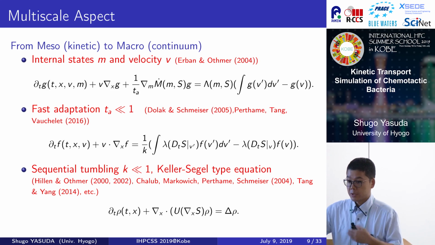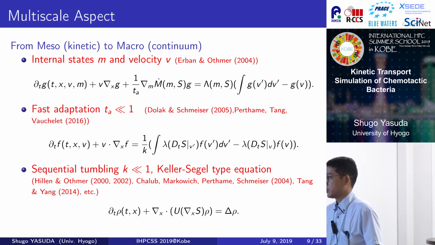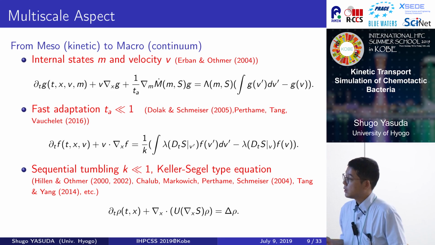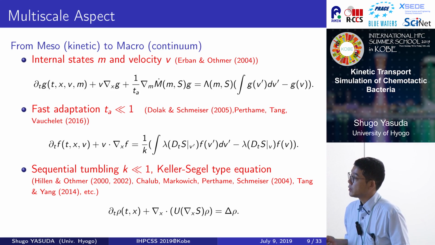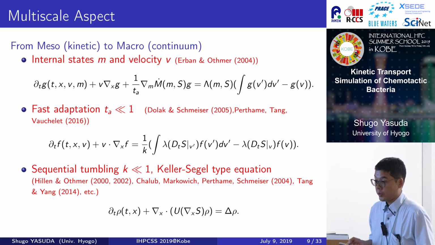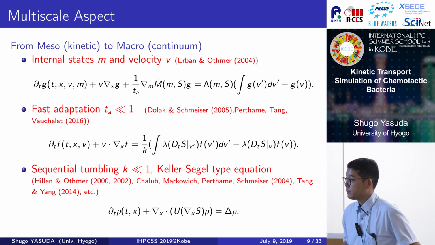And T_A describes the time scale of the adaptation dynamics. But if the adaptation is very fast, then from this equation we can derive another type of kinetic transport equation. Here, the internal state is just integrated out.